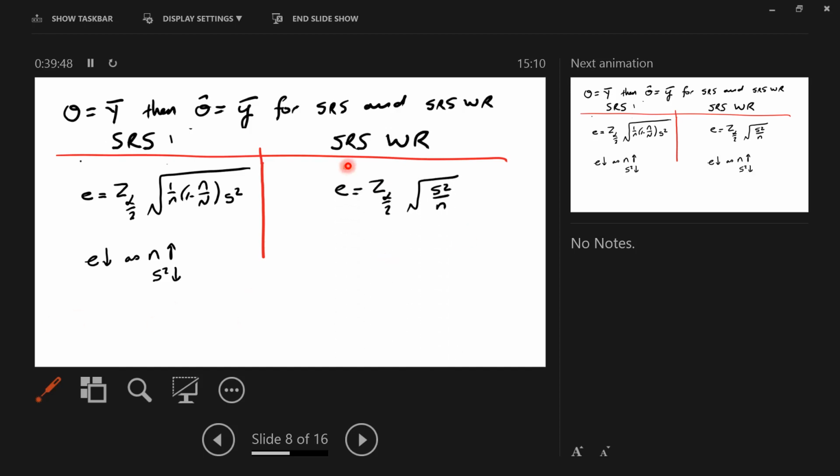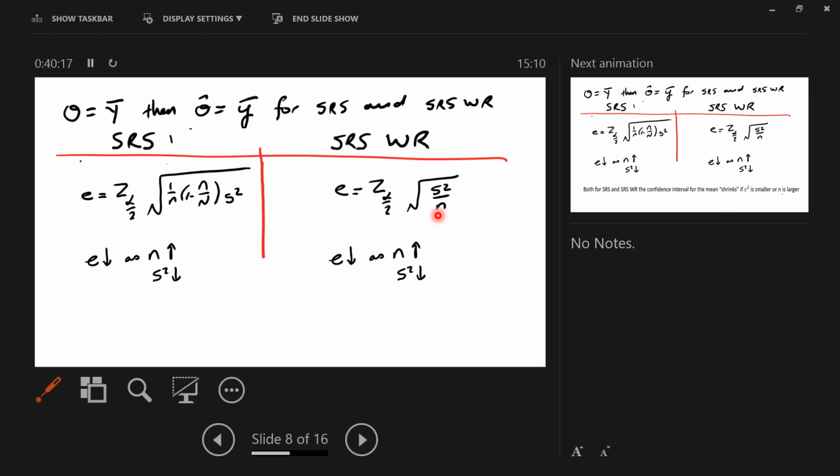Now, if you do with replacement, if you go back to that table I gave you, you'll see this is exactly taken from that. Z times the square root, and this is the square root of the estimated variance. You'll see it comes exactly from the previous table. S squared over N. And again, if you look at this, how would you make the E small? Well, obviously, if the S is small, it would help. Then your E will be small. But also if your N becomes big, because it's in the denominator.